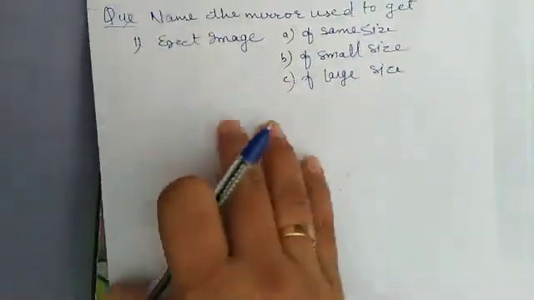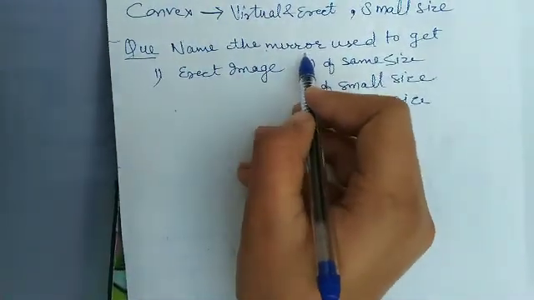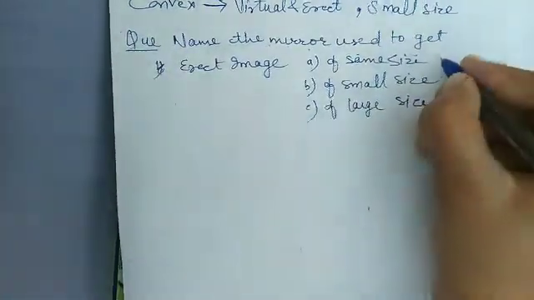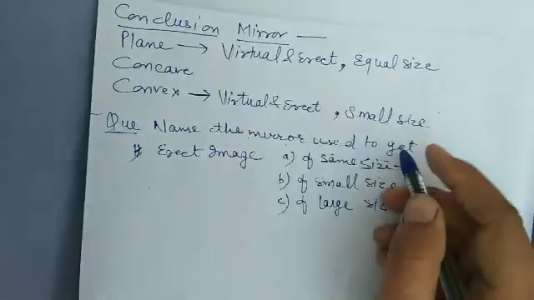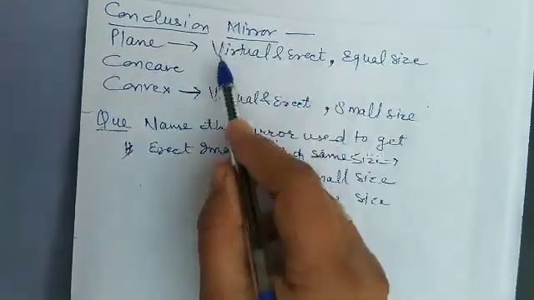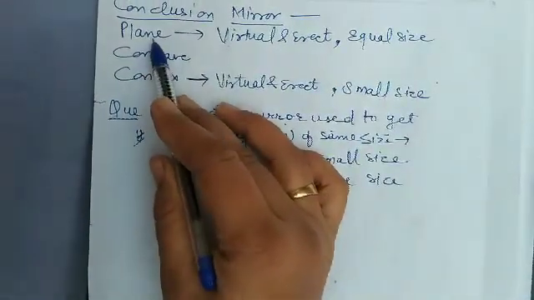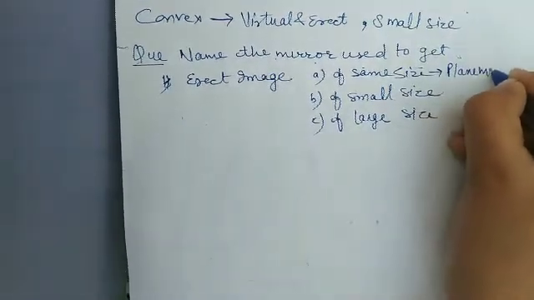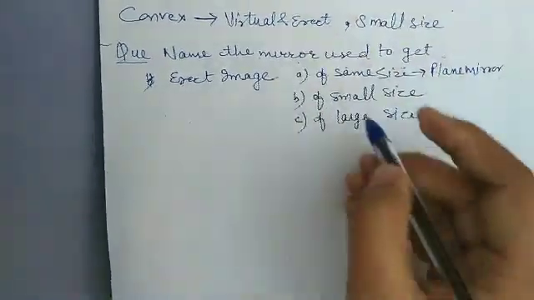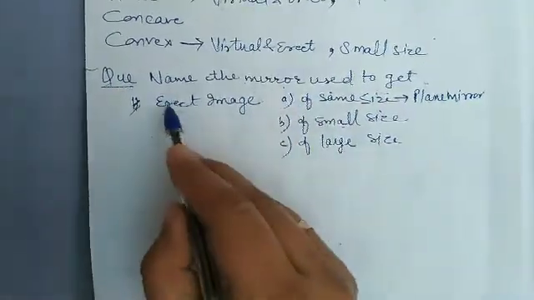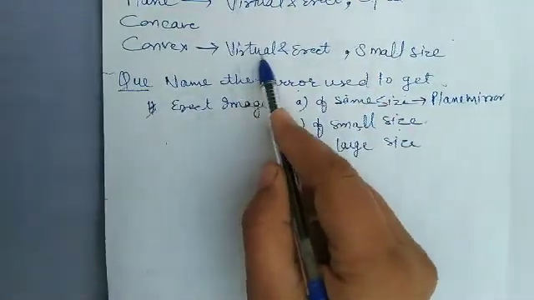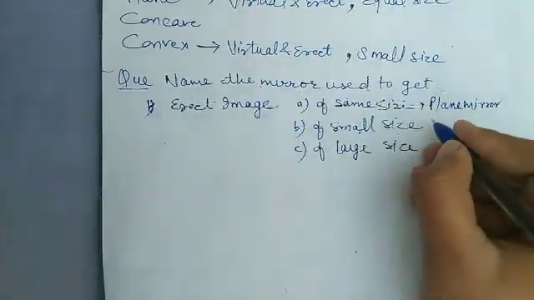Okay, the question is name the mirror used to get erect image of same size. Same size में अभी आपने पढ़ा equal size, virtual and erect image. Which one mirror is used? Plane mirror. Okay, of small size, erect image of small size. Small size, virtual and erect image, convex mirror.